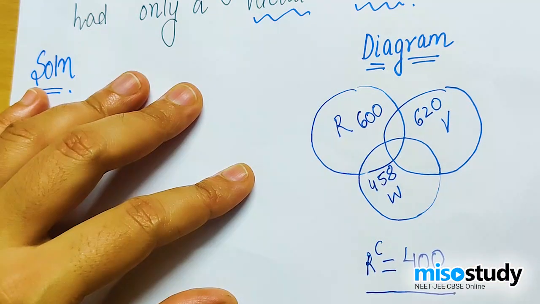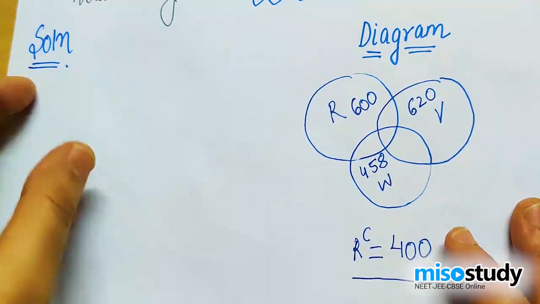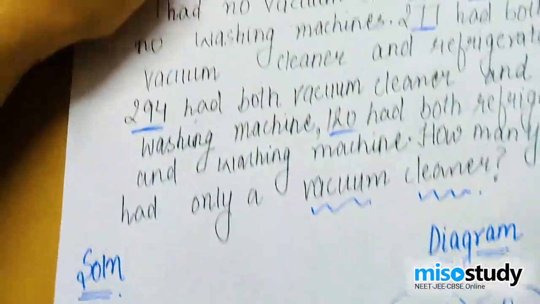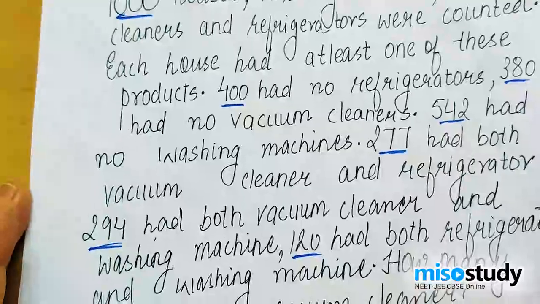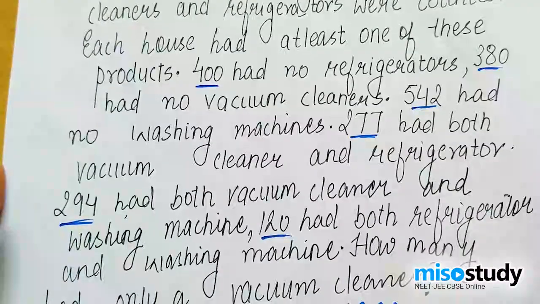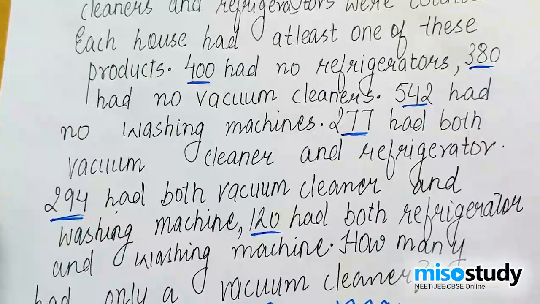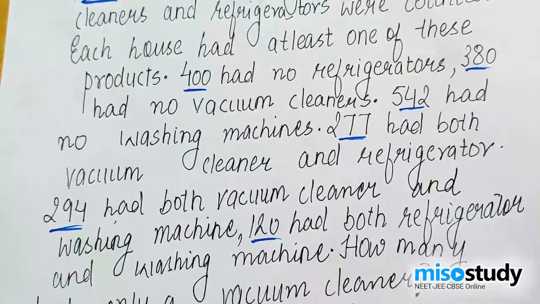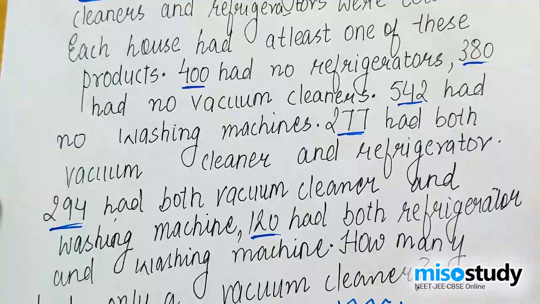Let's move further. Now what does it say next? Okay, so let's read the question once again. 277 had both vacuum cleaner and refrigerator. So that means 277 is V intersection R. 294 had both vacuum cleaner and washing machine. That means V intersection W is 294.